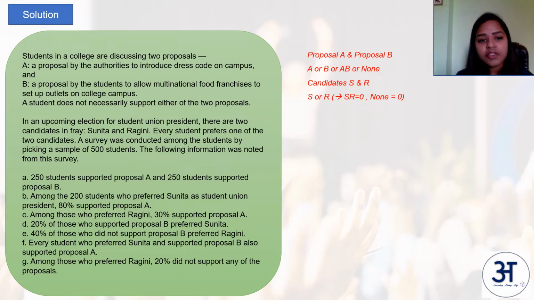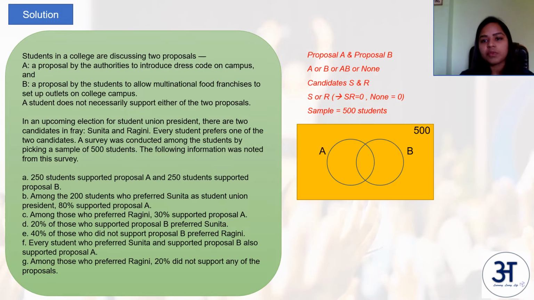Now a survey was conducted among the students by picking a sample of 500 students. The following information was noted from the survey. 250 students supported proposal A and 250 students supported proposal B. From the first part, we understood that they can support A or B or both or none, so you can represent that as a Venn diagram here.